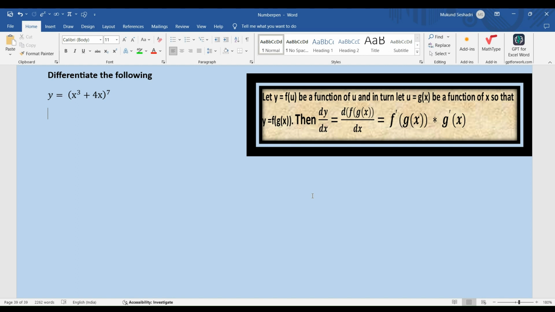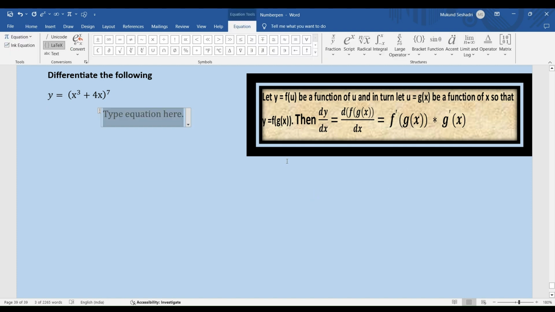So in this particular case, I have y equals (x cubed plus 4x) the whole power 7, right? So it is a function of the type x to the power n. My n in this particular case is 7. So if I were to bring this to a function in terms of u, what would be that substitution? My substitution would be x cubed plus 4x equals u, right?